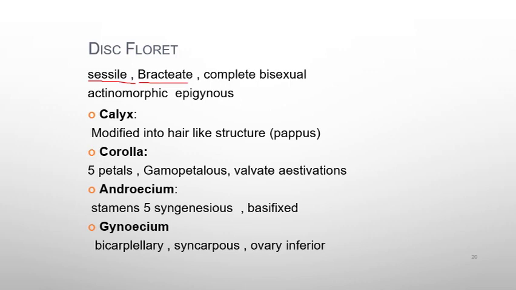Both male and female reproductive parts are present in the same flower, so it is bisexual. The symmetry of the flower is actinomorphic. It means it can be divided into two equal halves from any plane, and the ovary is inferior as in epigynous.